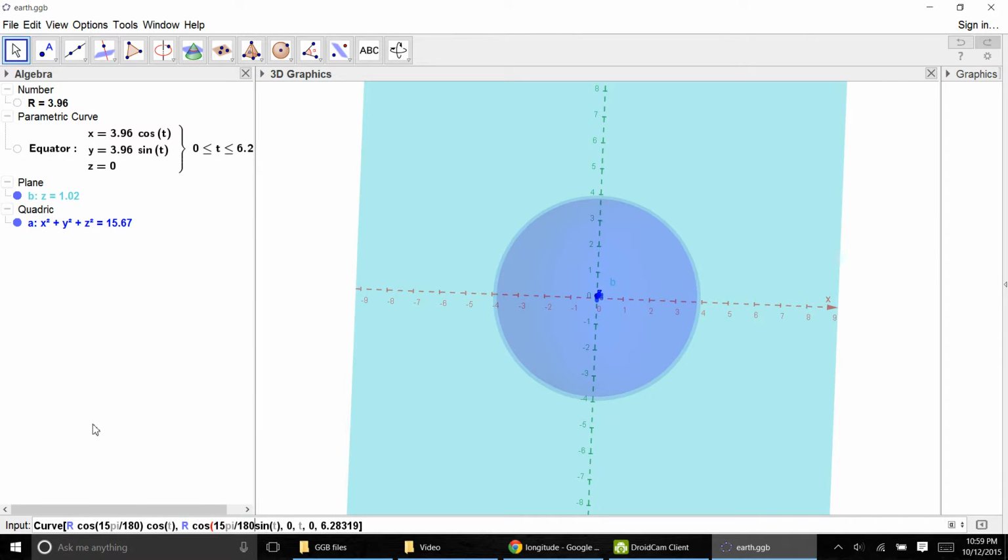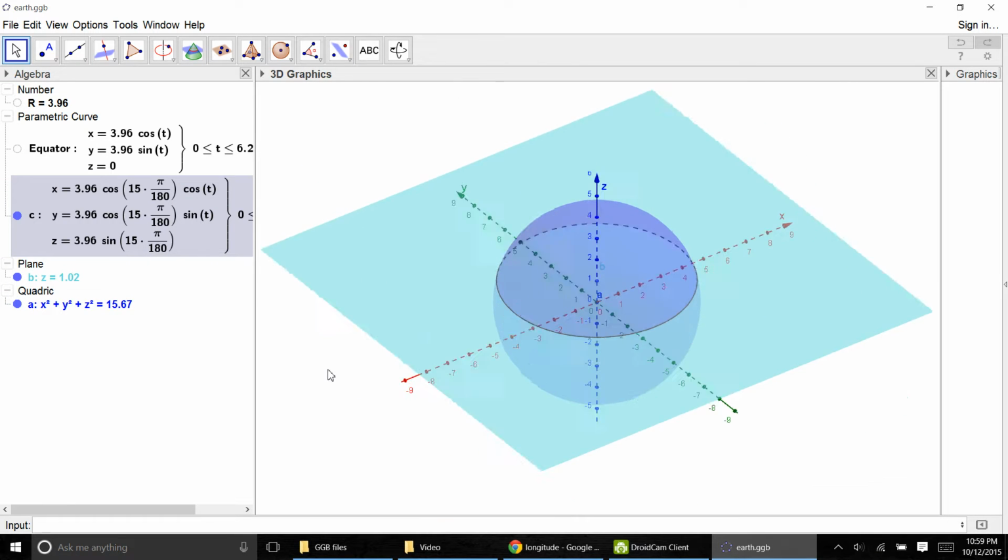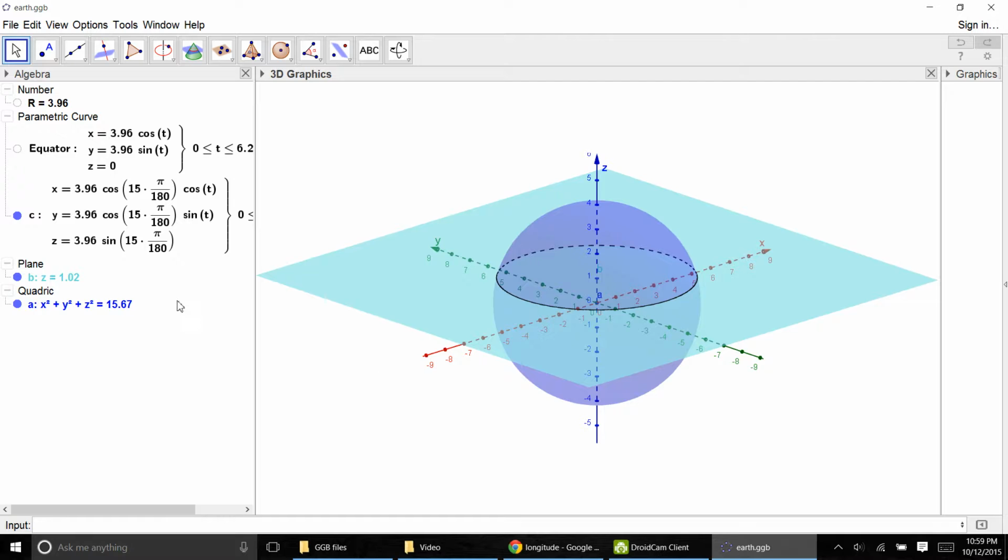And we're not at z equals 0 anymore. The height of it is R sine 15, with 15 pi over 180. That should do it. Okay, so it did make the correct circle for us. So we still have the equator, but now we have this new one.